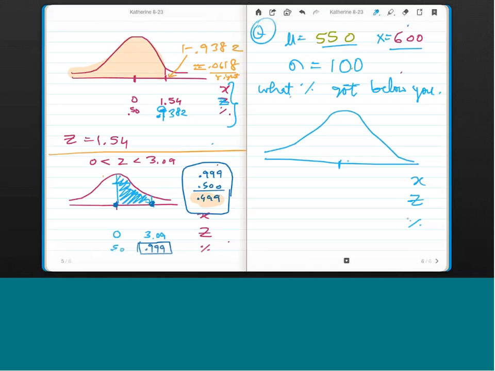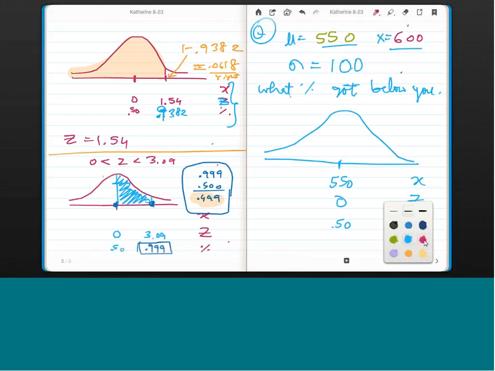Okay, and this is the midpoint. The mean is 550, right? So the mean should go here, right under the middle. And the z for that is 0, and the percentile is 50%, right?